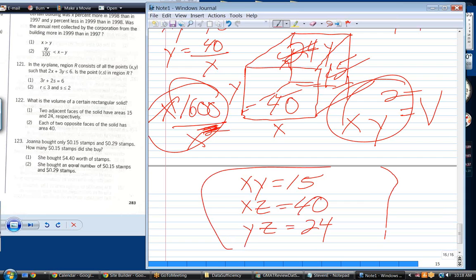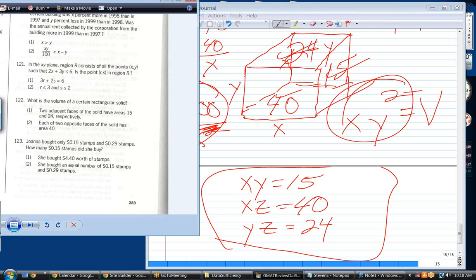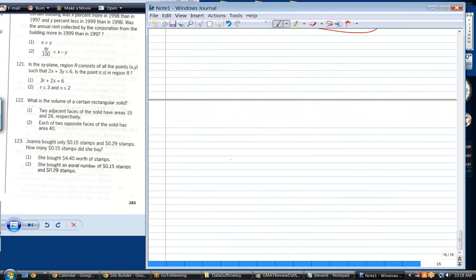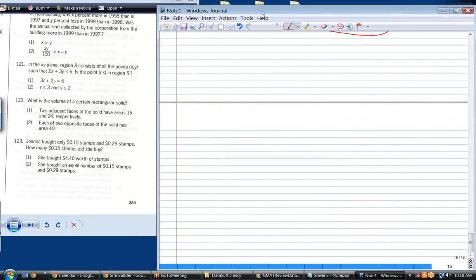There's my 3 equations, 3 unknowns. I have to be able to solve for x, y, and z, and then the volume is x times y times z. We know that on a deep level, so that's not even worth our time. You're right. That was my intuition, but that's the mathematical proof of it. Okay. All right, let's go to the next one.